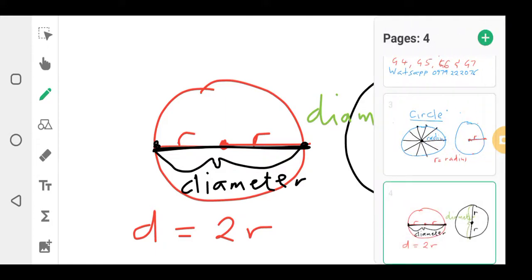Okay, let's go now to the main calculation. In the exam, they can give you example 1.